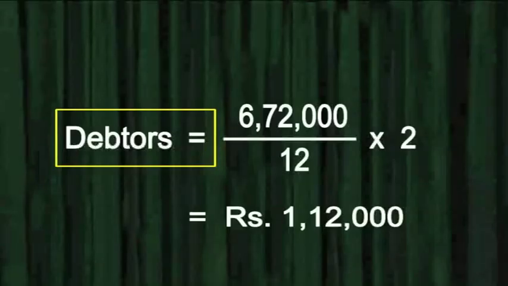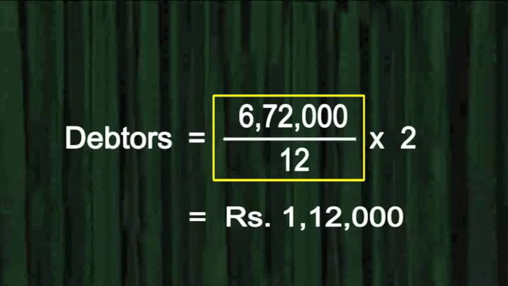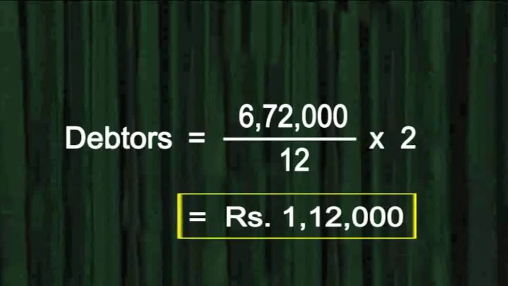So dividing 6,72,000 by 12 and multiplying it by the collection period, we can get the estimated debtors. So it is coming as 6,72,000 divided by 12 into 2, which is equal to rupees 1,12,000. So with this we have learned how to compute debtors.